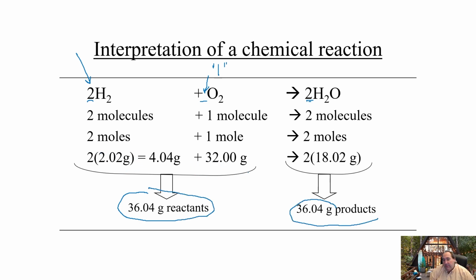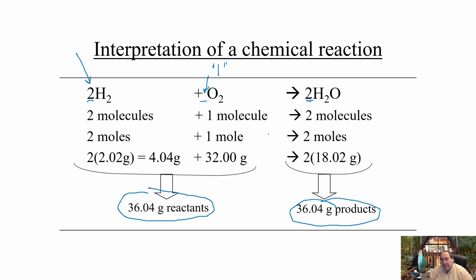Because we don't lose any elements along the way in a chemical reaction, the only thing that happens is electrons and bonds being broken. We don't touch the nucleus, as we talked about a number of times up to this point. Because we don't touch the nucleus, we don't touch protons in a normal chemical reaction. We have the same elements that we start with and that we end with. They're just in different arrangements in terms of compounds and substances.